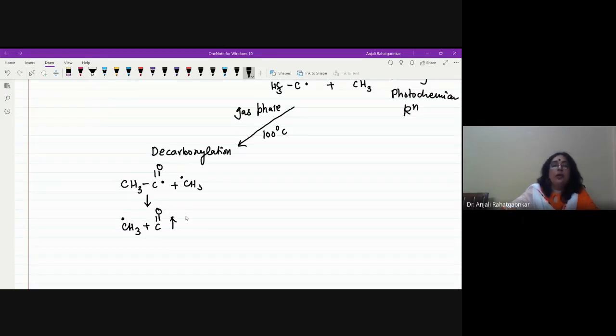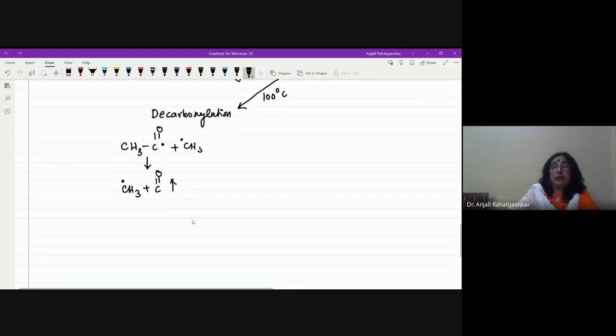As I told you, when there is an R, you will get R dash. Then you will also get I1, and you will also get I2 or I3, whatever. So here I am getting another I2.